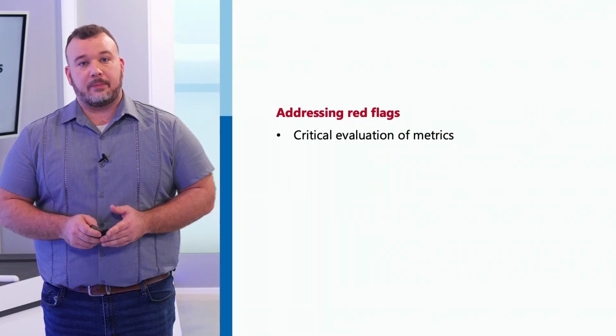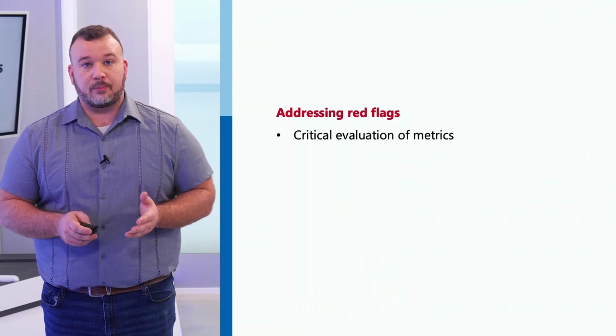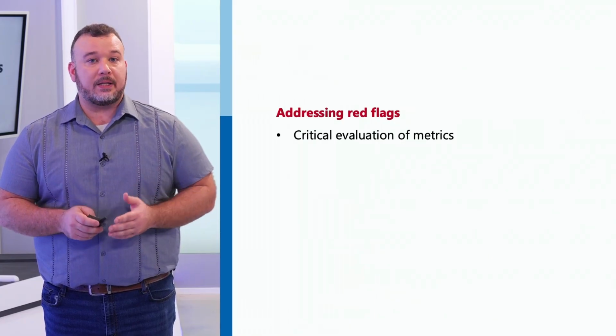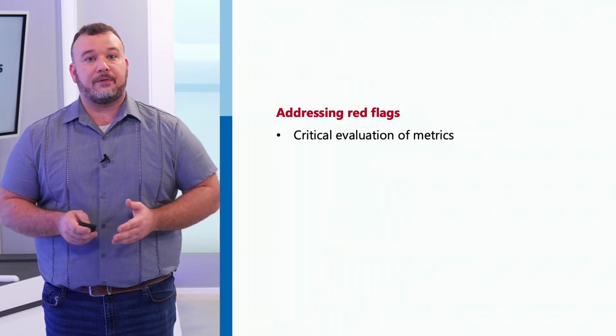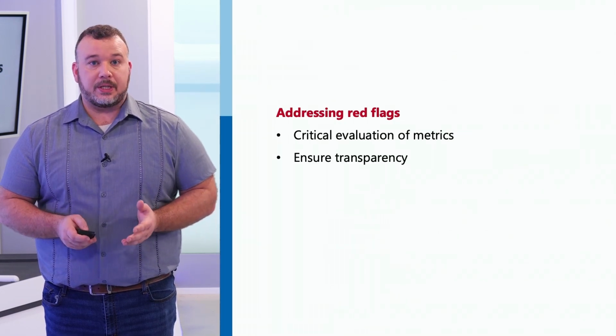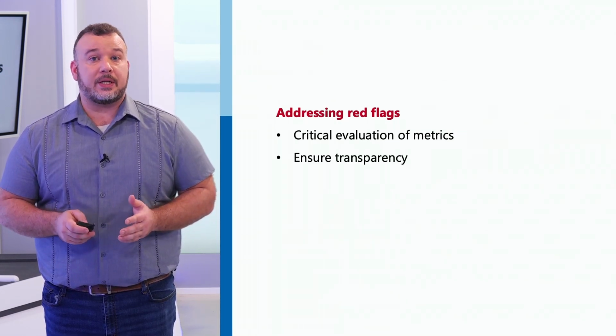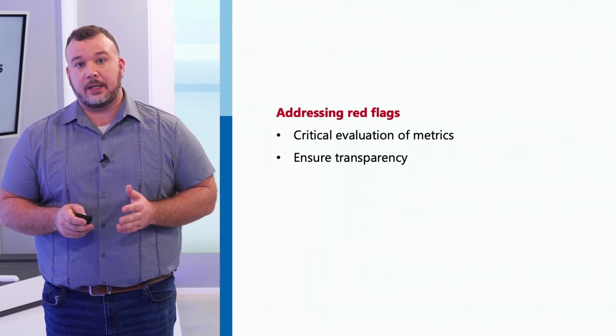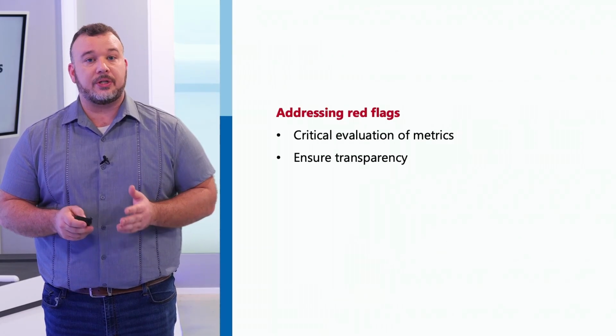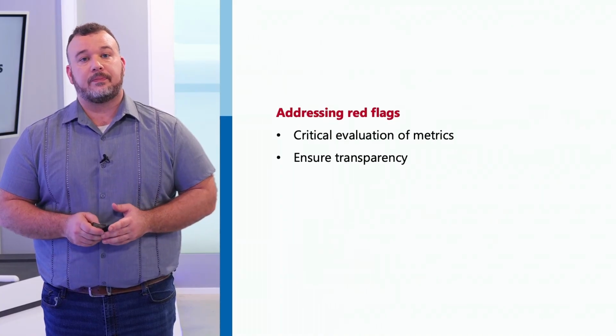As an AI practitioner, addressing these requires both a proactive and responsible approach. It involves critically evaluating metrics to ensure they are both appropriate and meaningful, while validating these choices with input from stakeholders to maintain both relevance and fairness. Transparency is equally crucial, necessitating thorough documentation of how metrics are selected and clear communication of their limitations to stakeholders.